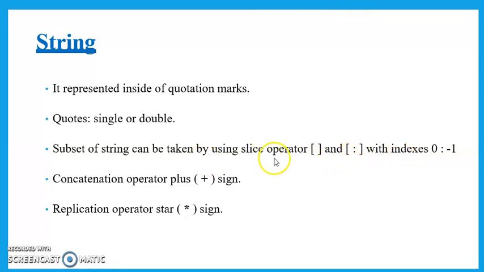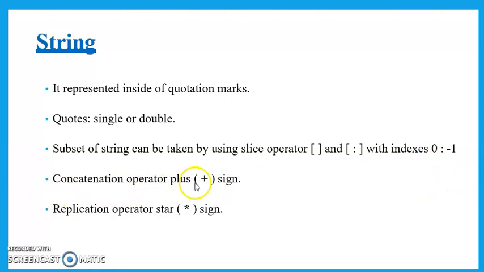Slicing is nothing but extracting a portion of the string. The string's index starts from 0. For example, if the string contains 10 characters, the indexes range from 0 to 9.